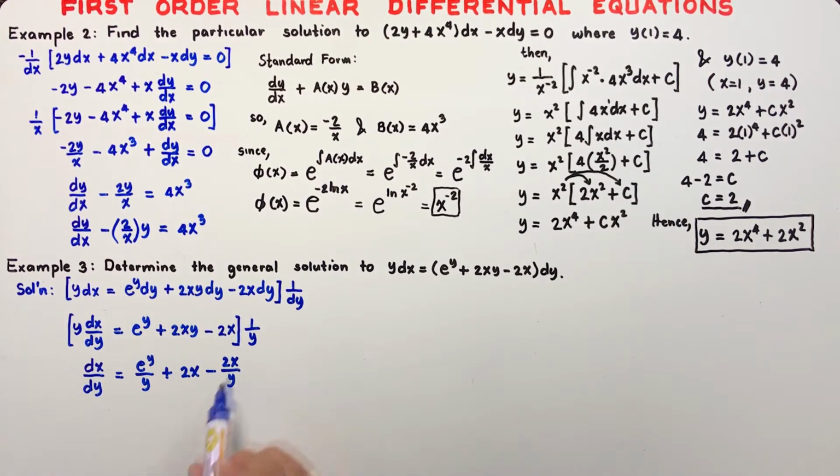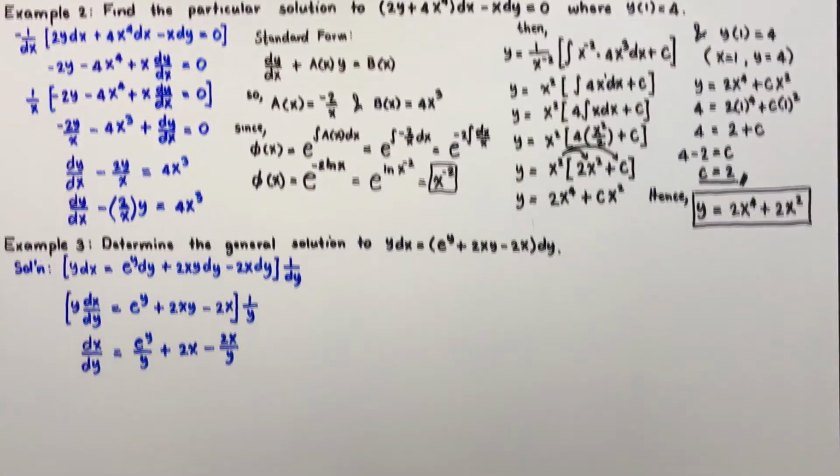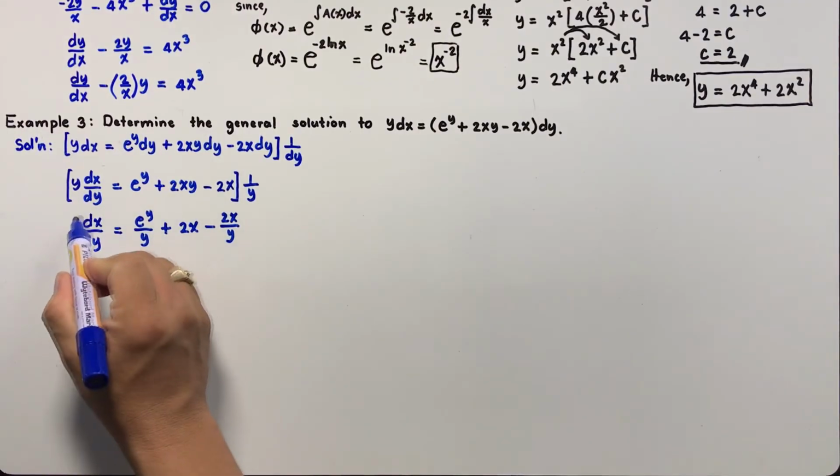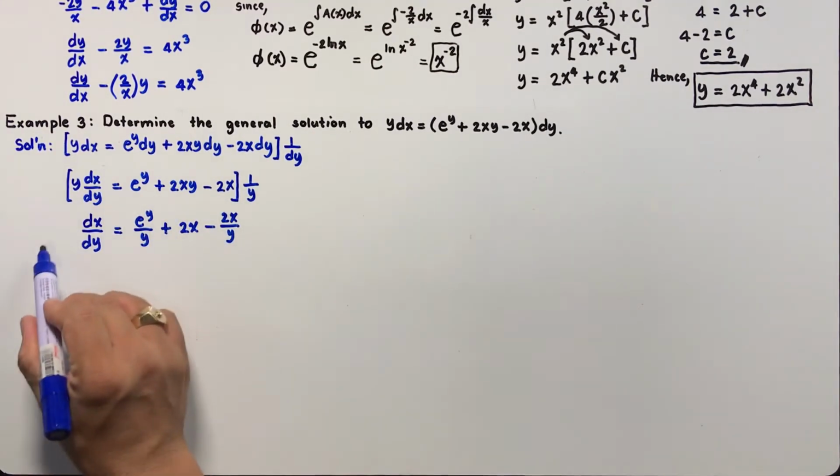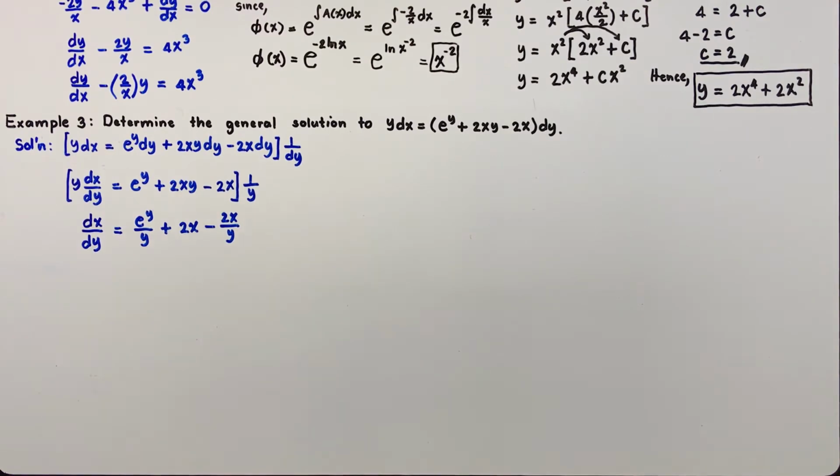To convert this to a first order linear differential equation, because this is first order in the derivative of x with respect to y, we suspect that this is linear in x. Since this is a first order derivative of x with respect to y, we can transform this into a first order linear differential equation which is linear in x, wherein y is our independent variable.